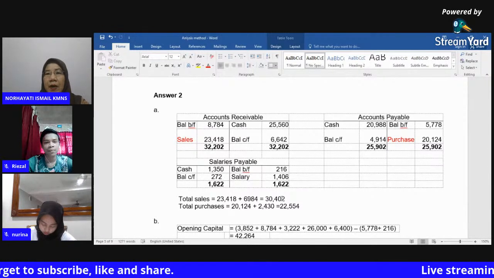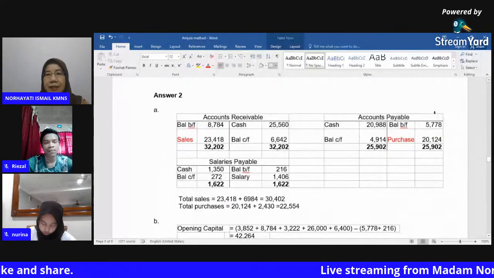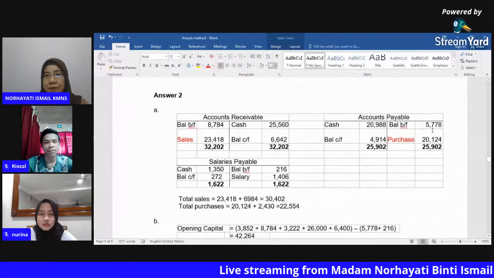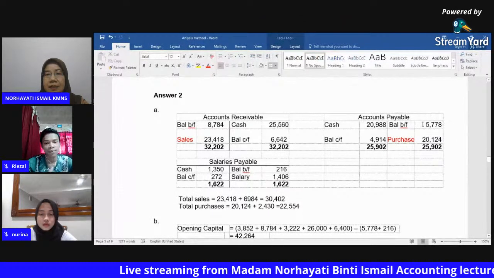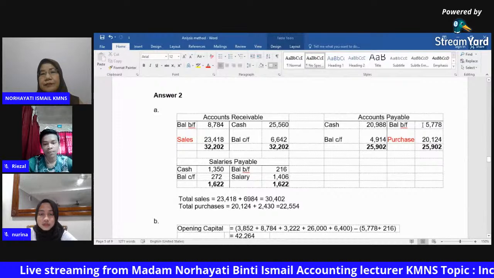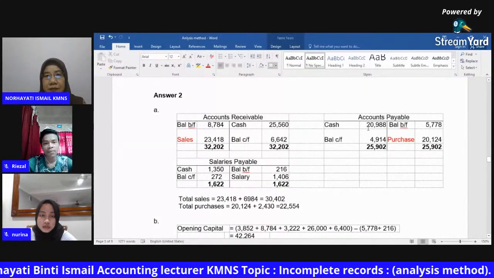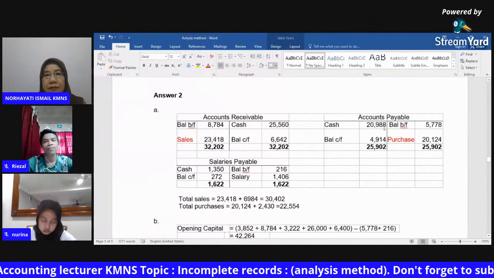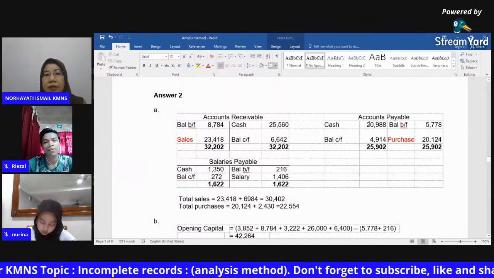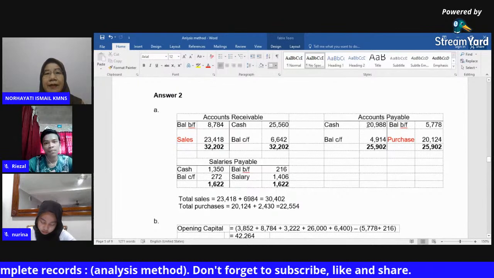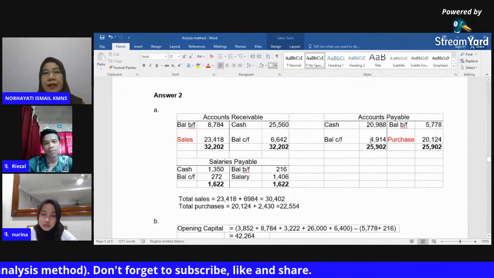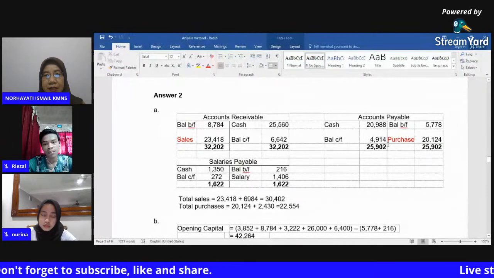Now for account payable, this is a liability. So balance brought forward must be on the credit side. This is the beginning balance given. So cash, we make a payment to the account payable. We got this information from cash book and the ending balance given in the question.